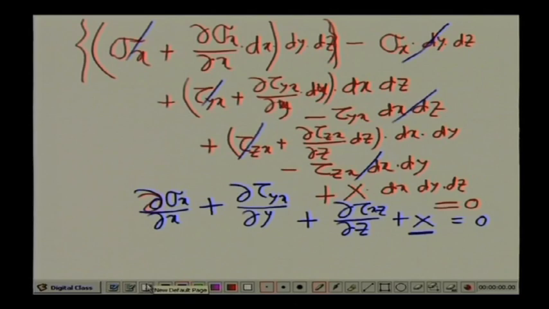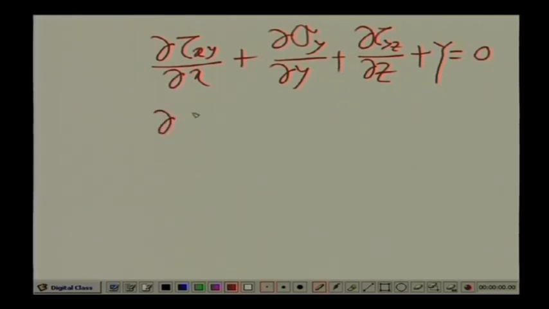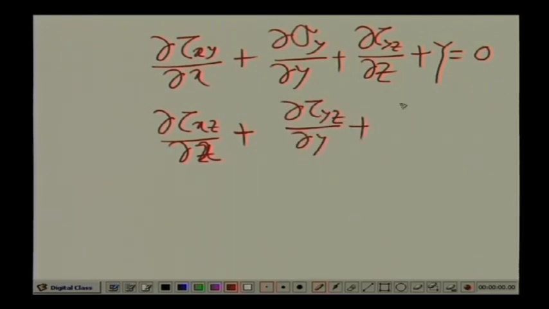Likewise, if we take the equilibrium of the forces which are acting in the y and z direction, we get another two sets of equations, and they are del tau xy del x plus del sigma y del y plus del tau yz del z plus y, the body force component, equals 0, and del tau xz del x plus del tau yz del y plus del sigma z del z plus z equals 0.